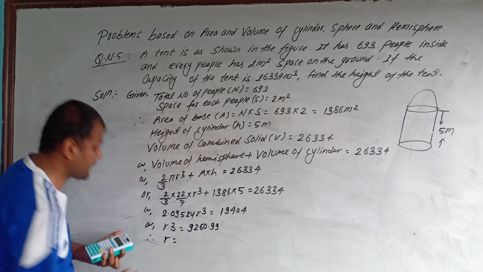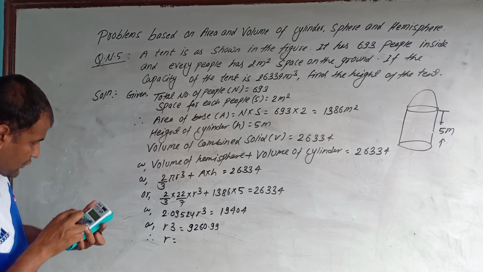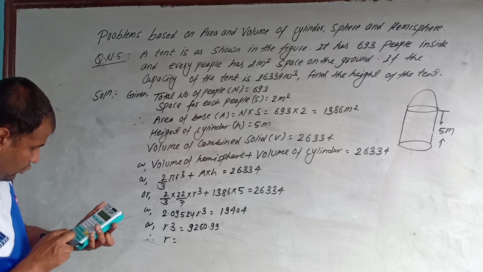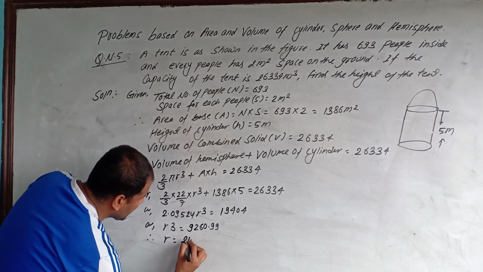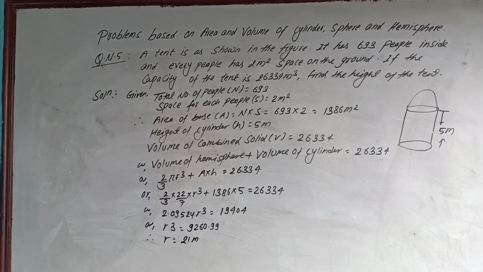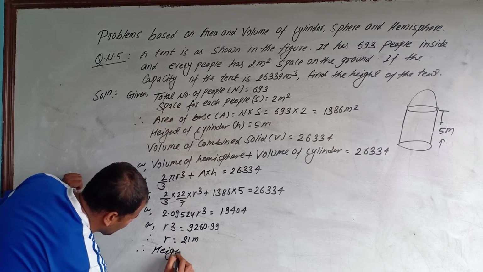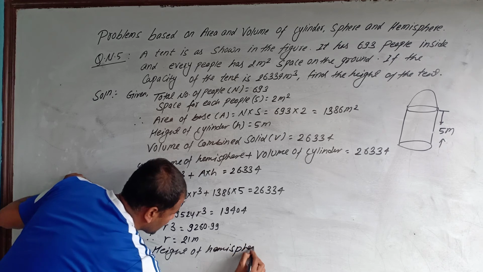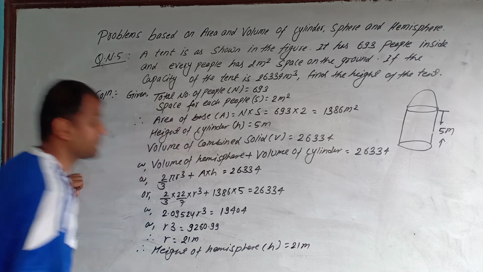Therefore r is equal to cube root of 9260.99, that is equal to 21 meter. 21 meter is the radius of base. Therefore height of hemisphere here is equal to 21 meter.